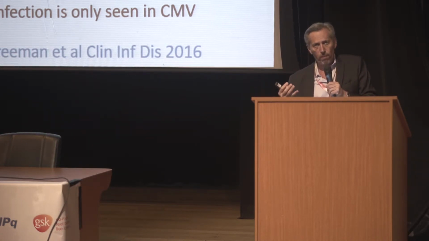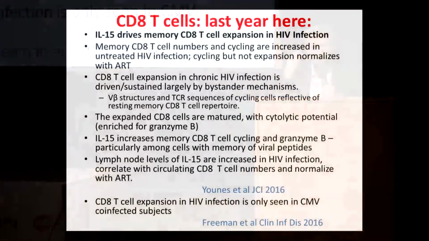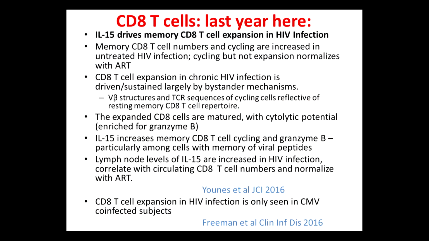The cells that are matured have cytolytic potential, and we found out that this phenotype could be reproduced in vitro by exposure to interleukin-15, one of the common beta chain cytokines. And in vivo, we showed that the lymph node levels of interleukin-15 were increased in HIV infection, and the levels of IL-15 in those nodes correlated very nicely with total CD8 T cell numbers.